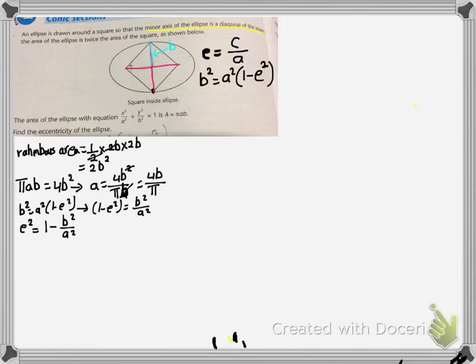Now we substitute, instead of a, the expression 4b over pi.